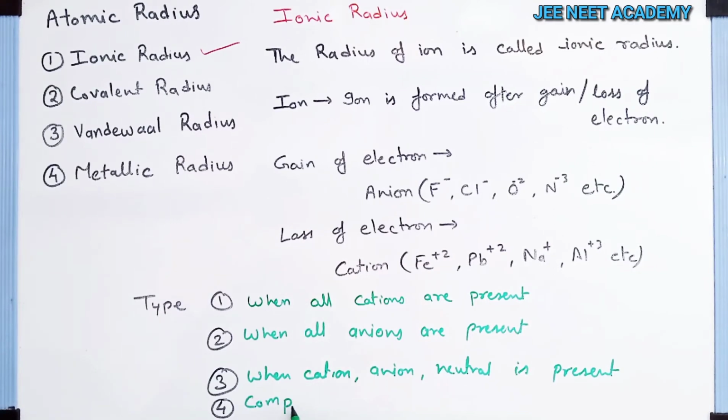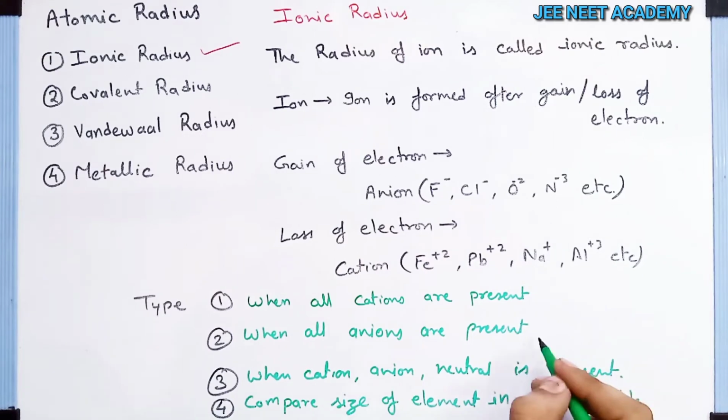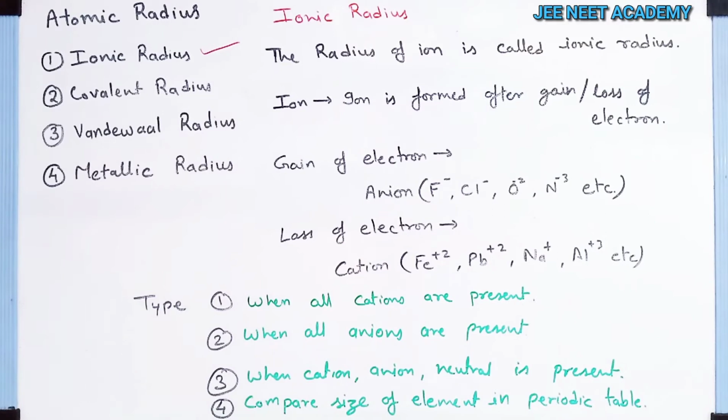Compare size of element in periodic table. Now it's coming on the screen. This is the fourth case. So we will see all four cases. First we will see when all the cations are present.